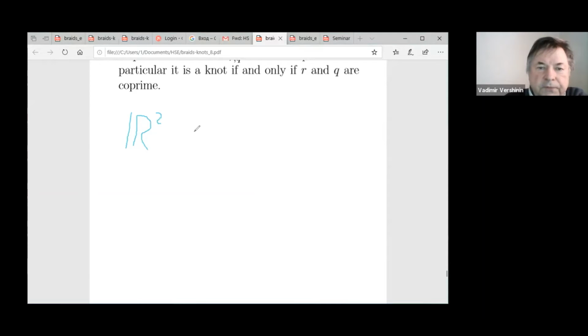There is the integer lattice Z2 over there. And actually this is an abelian group, and this is a subgroup.